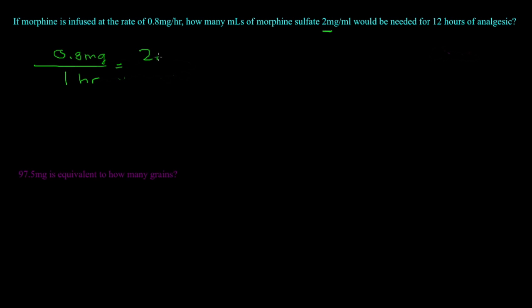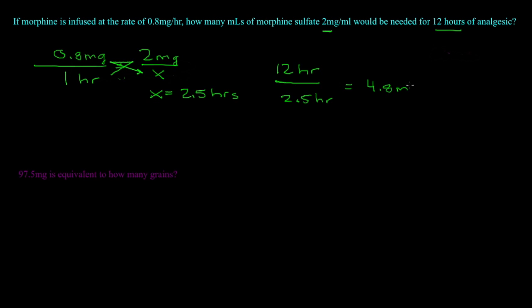So 2 milligrams equals X amount of hours. When we cross multiply and divide, that'll give us X equals 2.5 hours. Then we'll take 12 hours and divide that by the 2.5 hours we received. And that'll give us 4.8 milliliters.